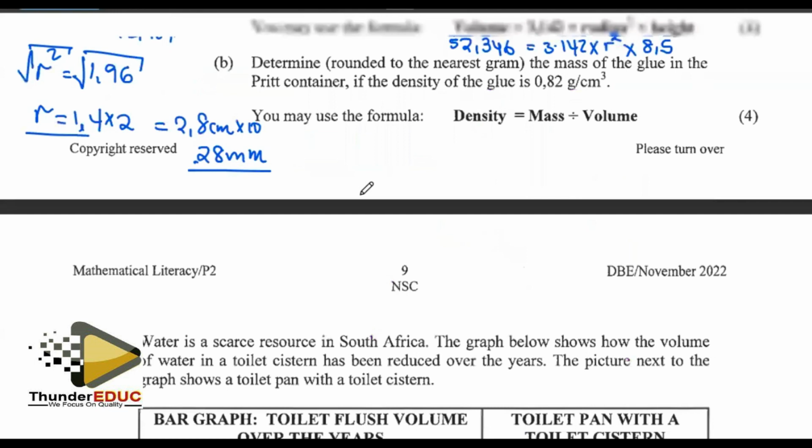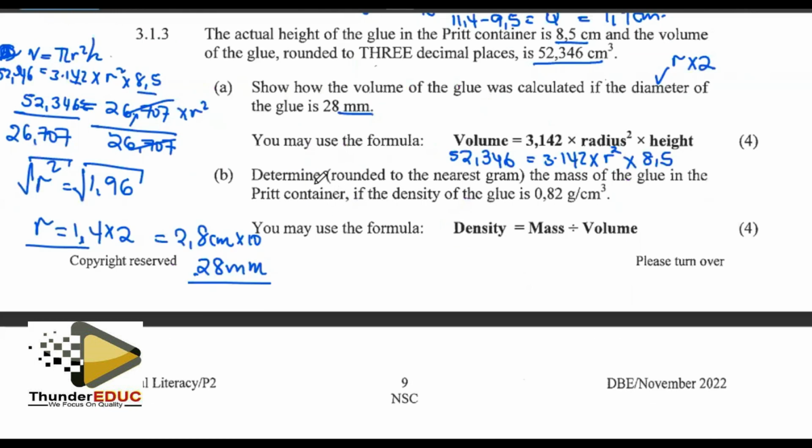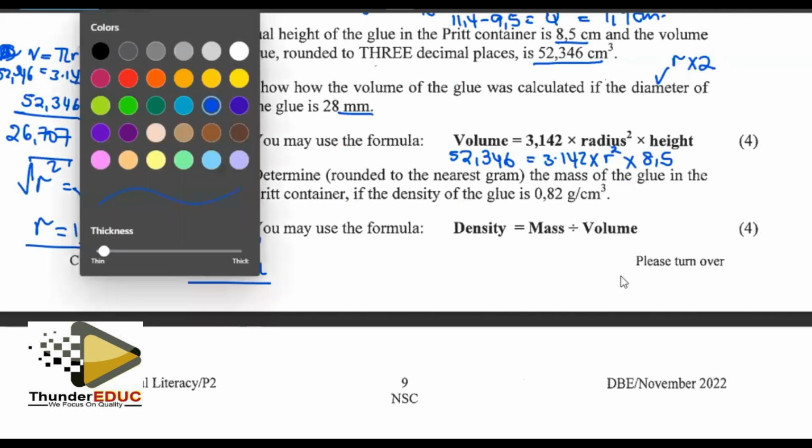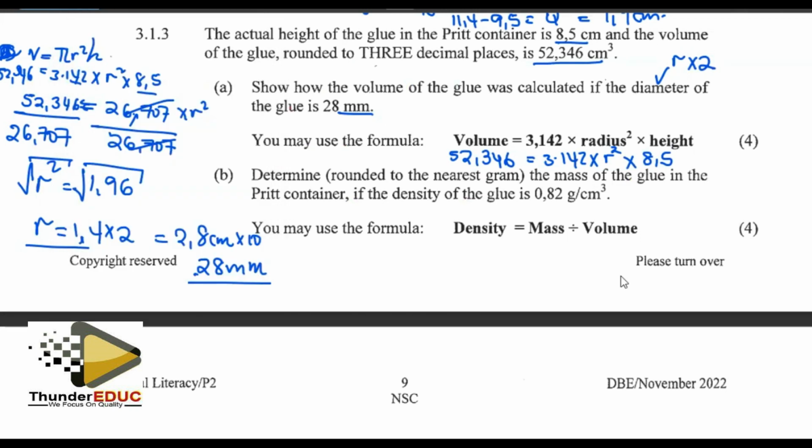Okay, we look at the second question. It says, determine and round it to the nearest gram the mass of the glue in the PET container if the density of glue is 0.82. So density here, they have told us, the formula is here, density equals mass divided by volume. So we're determining the mass.